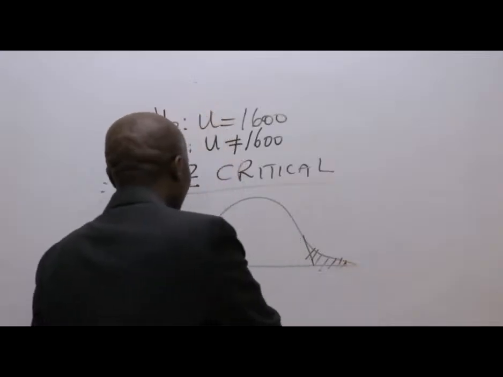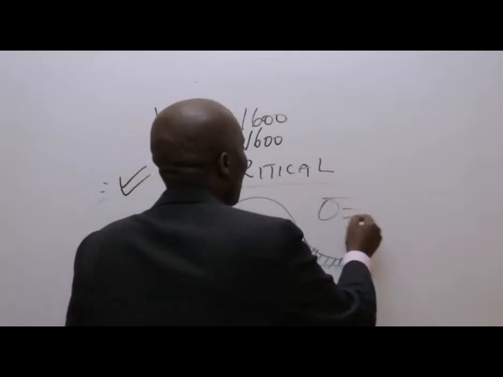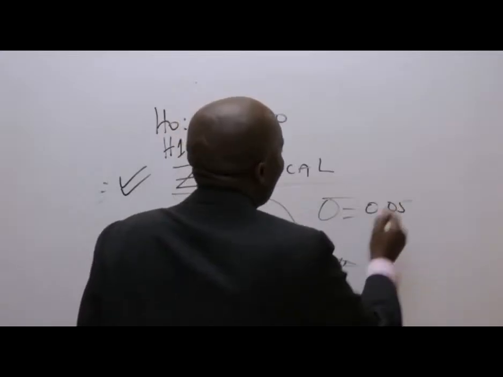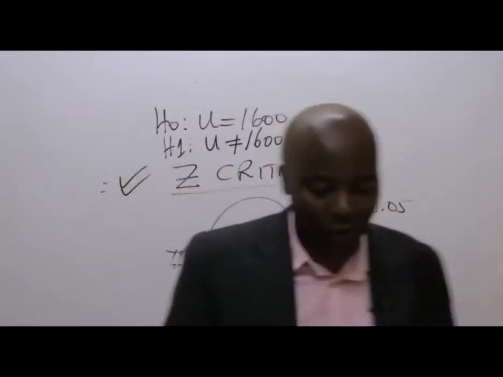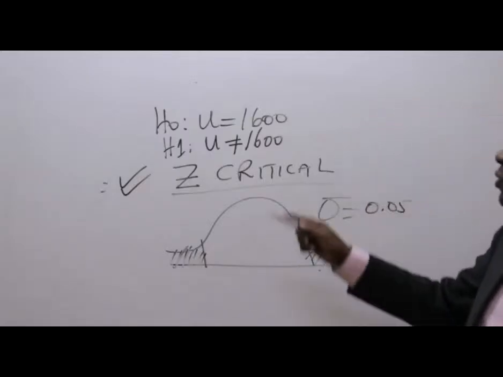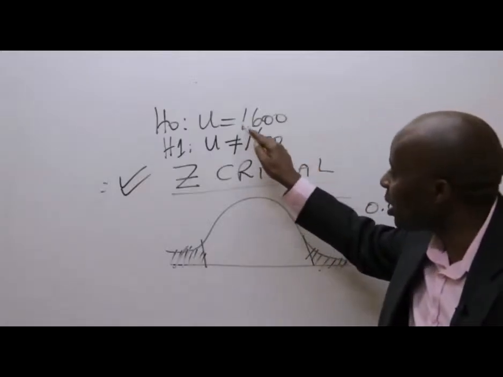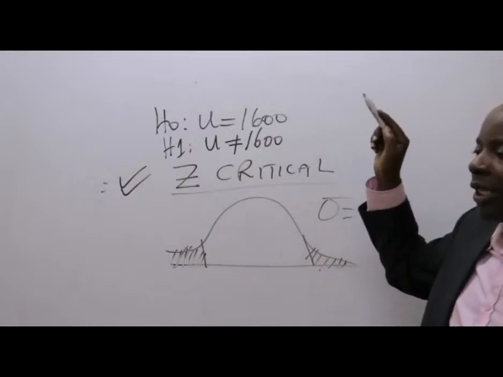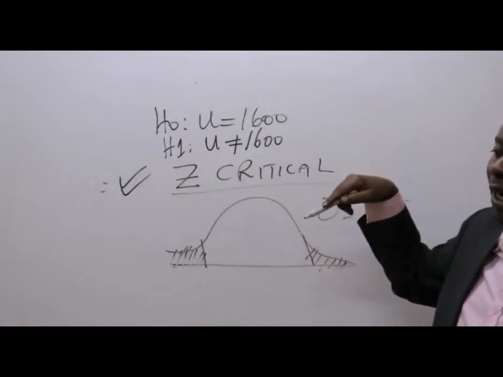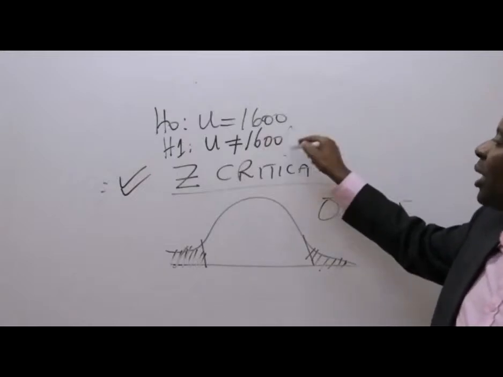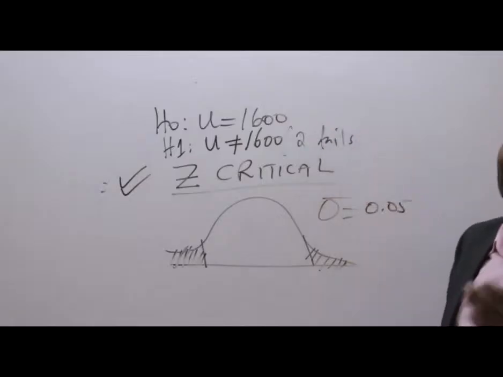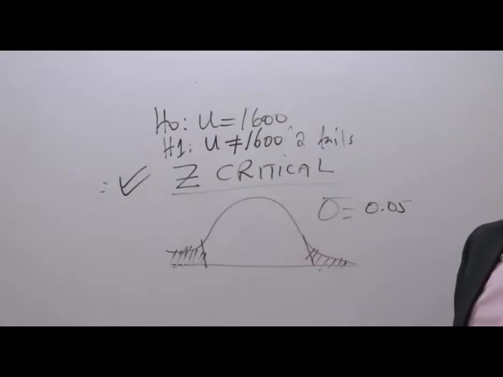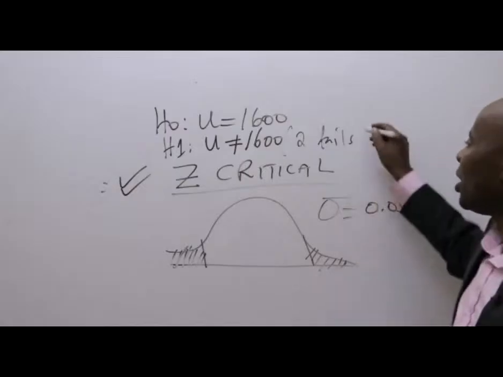He has told us that the level of significance happens to be 5%. 5% happens to be 0.0 what here? 0.05. The moment you give me a level of significance, given that this one is a not equal, and it can go either way, there are two directions, it means that you are handling a two-tails test. It's not a one-sided figure.